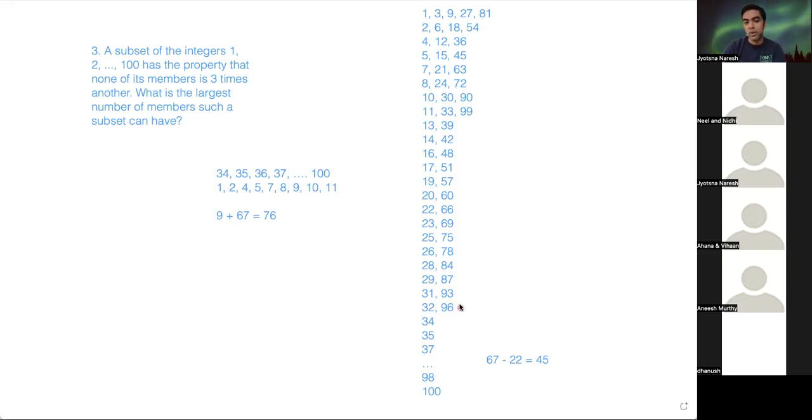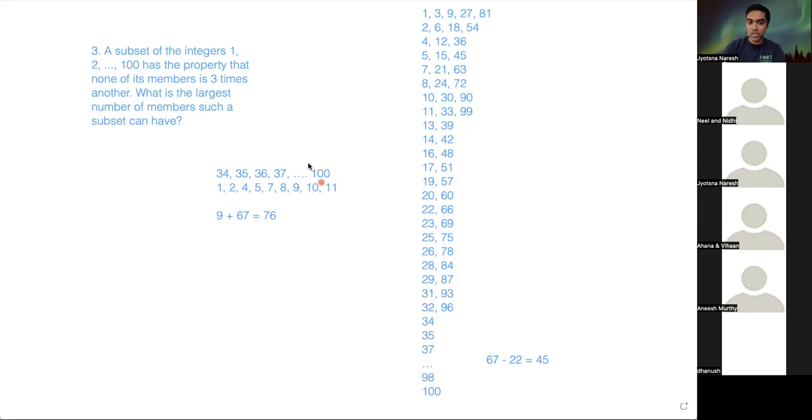Is it possible to include both of these in one set? No. Good. Why can not? You can only do 32 because 96 is a multiple of 3. Okay, or I could actually only do 96, but not include 32, right? Would that also work? Yes.